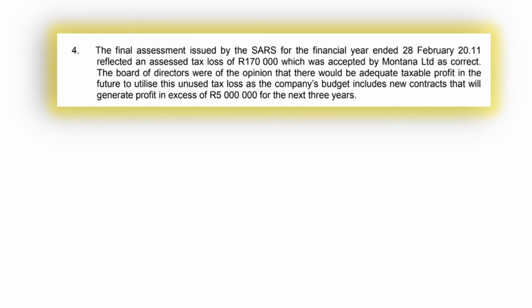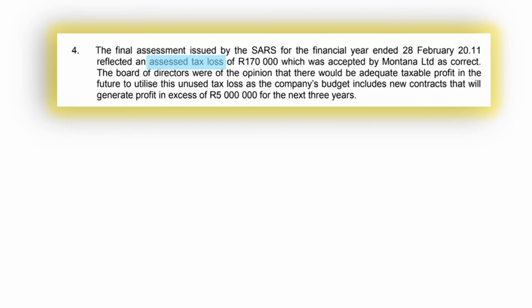The final assessment issued by SARS for the financial year ended 28 Feb 2011 reflected an assessed tax loss of 170,000 rands, which was accepted by Montana as correct. The board of directors were of the opinion that there would be adequate taxable profit.